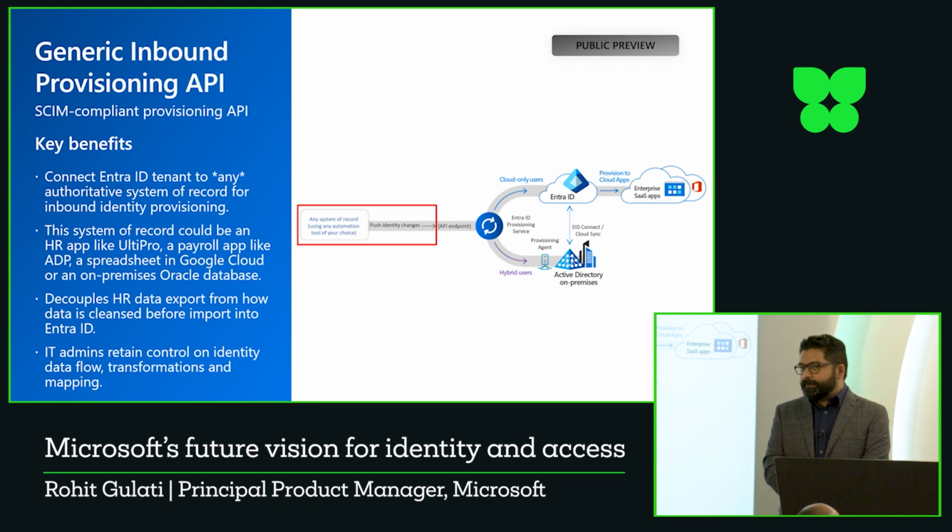So when we look at a customer landscape, it is not just that you're looking at provisioning your full-time employees. You may have contractors, vendors, you may have HR applications that are cloud-born applications. You may have contractors, vendors getting provisioned in your directory, maybe using a flat file or a CSV file or a SQL directory.